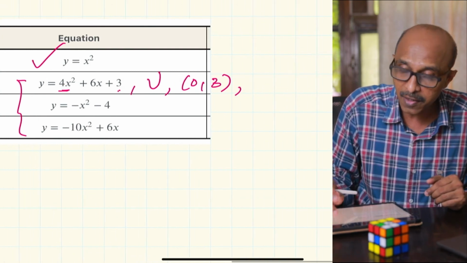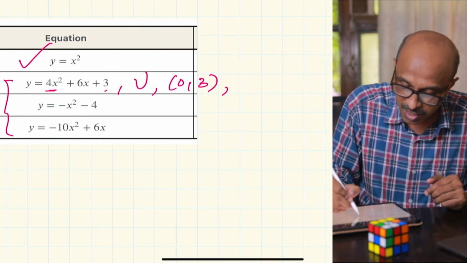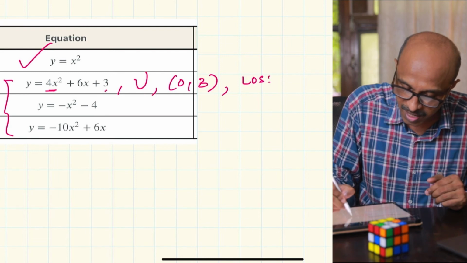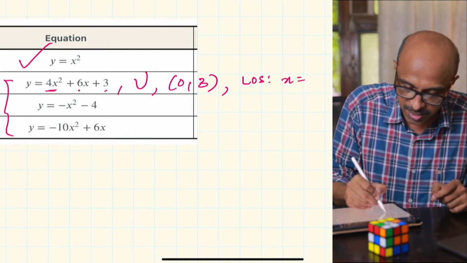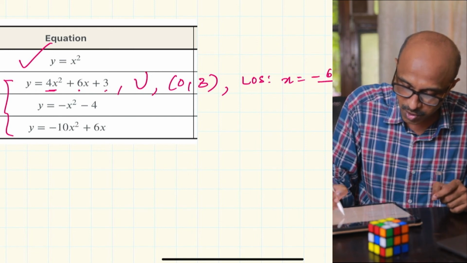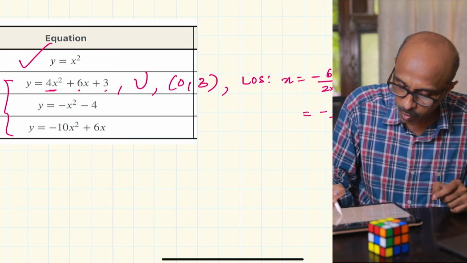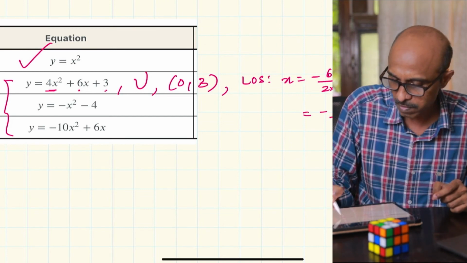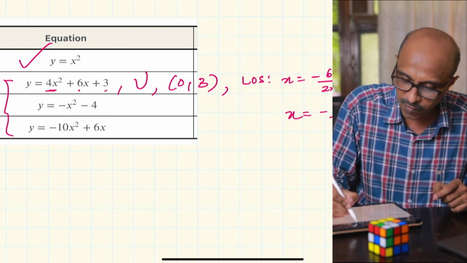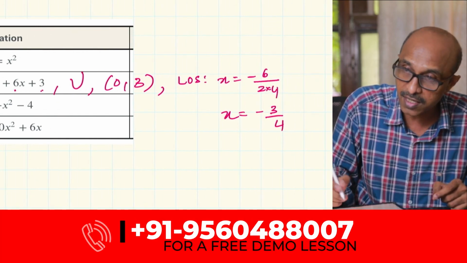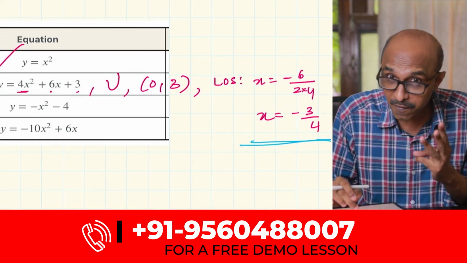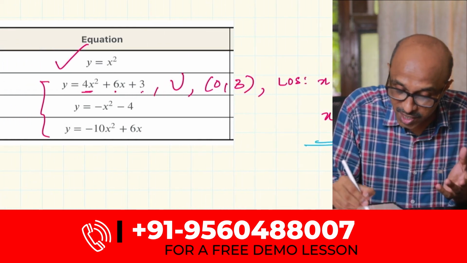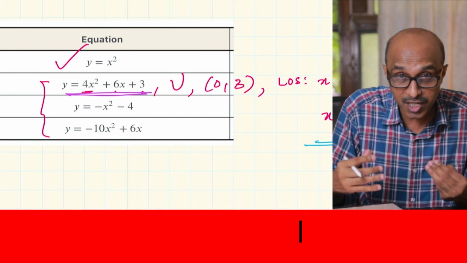The equation of the line of symmetry, I'm going to write LOS again, is x is equal to negative b over 2a. The b is 6, so it's negative 6 over 2 times 4, which is negative 3 over 4. So x is equal to negative 3 over 4 is going to be the equation. You can see this equation of the line of symmetry for the first graph. So three important features of the graph of a quadratic, when it is just given in its algebraic form, can be stated just like that.